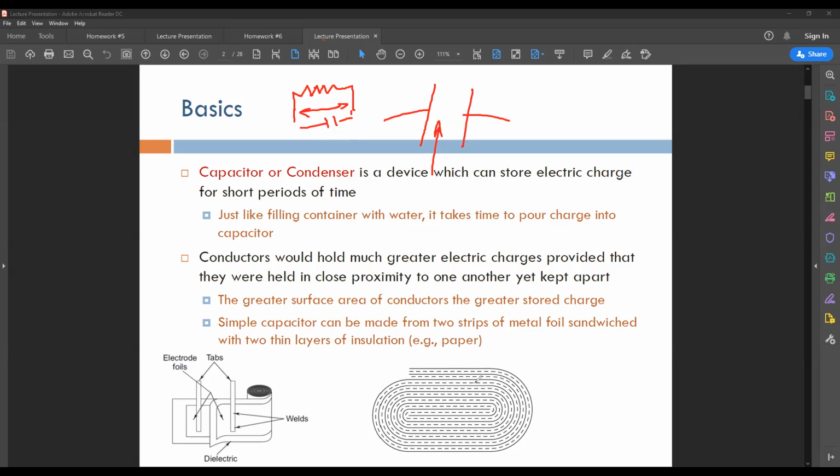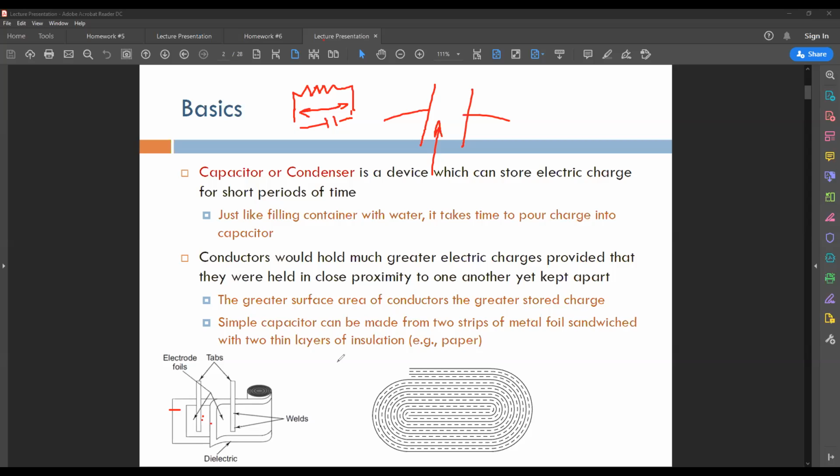This is usually done by having aluminum foil with a dielectric in the middle, then another aluminum foil with another dielectric, and you wind that so that you have a surface area much larger than the volume of the capacitor. Instead of having the surface area just expanded, you fold it and make it small in size, so that the physical dimensions are as small as possible.